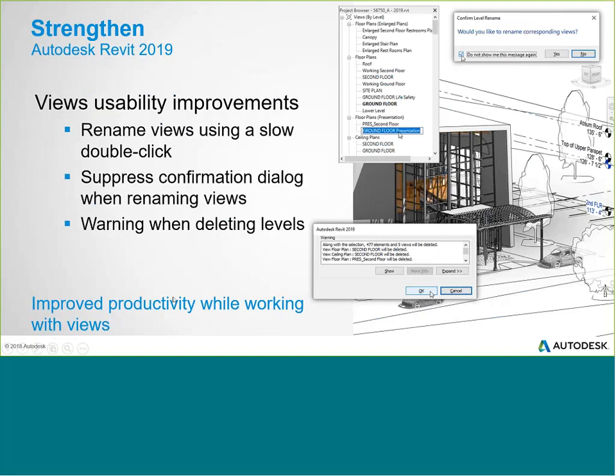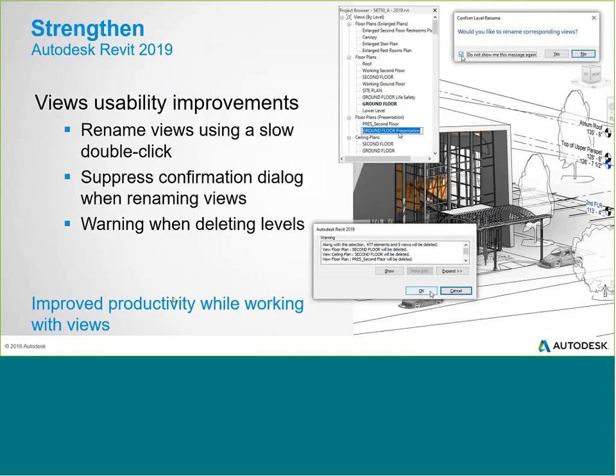Okay, so this is the one that I was saying is pretty important. Whenever I train a Revit class, I always explain the importance of never deleting levels in your project unless you absolutely are sure you need to delete the level from the project. In the past, you always got that dialog box that you were deleting views when you go to delete a level.